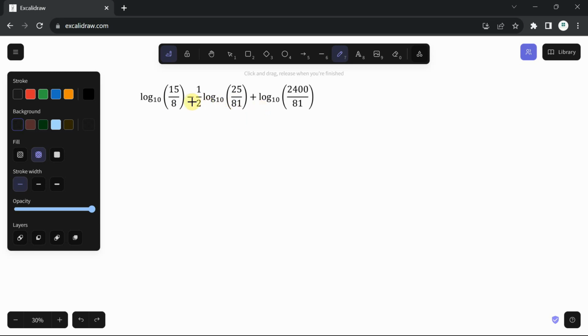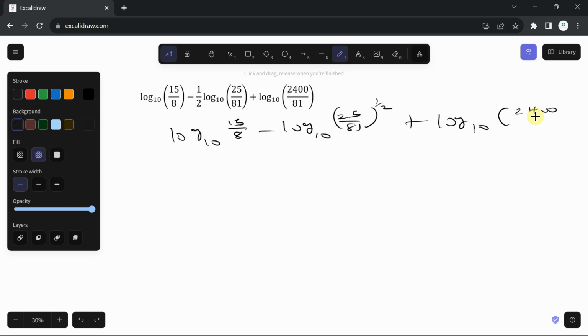So let me take this up and say log base 10 of 15 over 8 minus log base 10 of 25 over 81 raised to the power of what? 1 over 2. Great. Plus log base 10 of 400 divided by 81. Great.